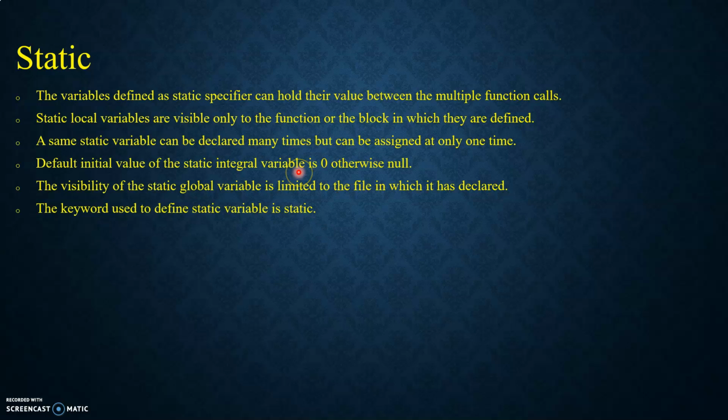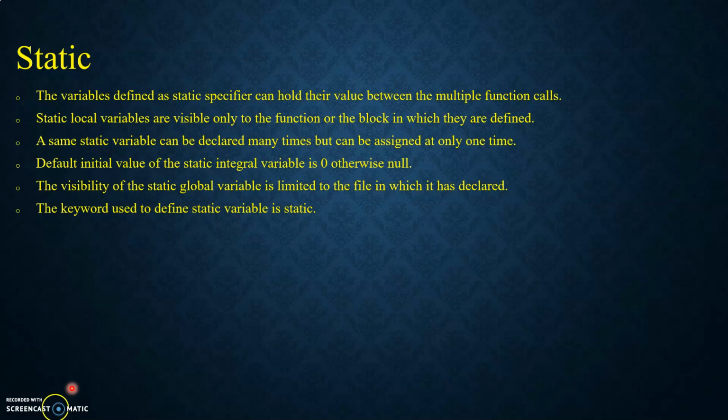Not only are they used as local variables, they can also be used as global variables. A static local variable is a local variable that retains and stores its value between function calls or blocks, and remains visible only to the function or block in which it is defined. That means it is visible only to the file in which it is declared.